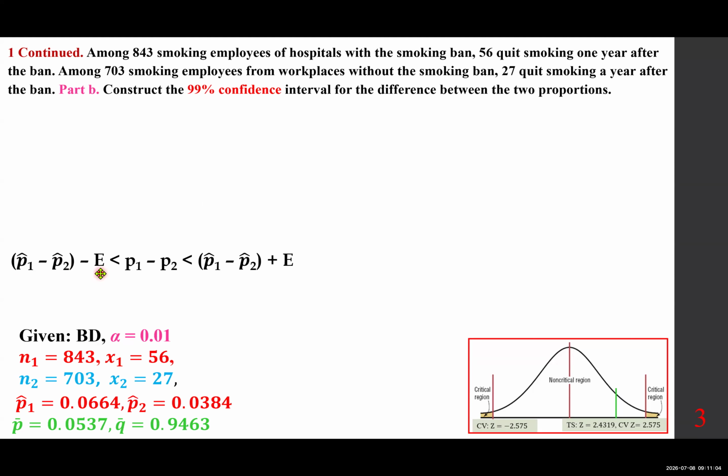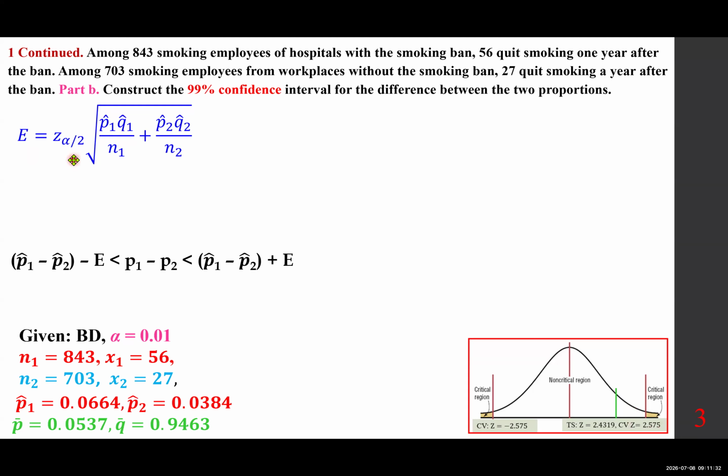What is the formula for E? Similar to the E that we had, Z alpha over 2 times the square root of P1 hat Q1 hat over N1 plus P2 hat Q2 hat over N2. Again, you have this in your formula sheet. And Z comes from the previous Z that we had. You don't have to look for it. It's the same Z, which was, remember, the critical value of plus or minus 2.575.